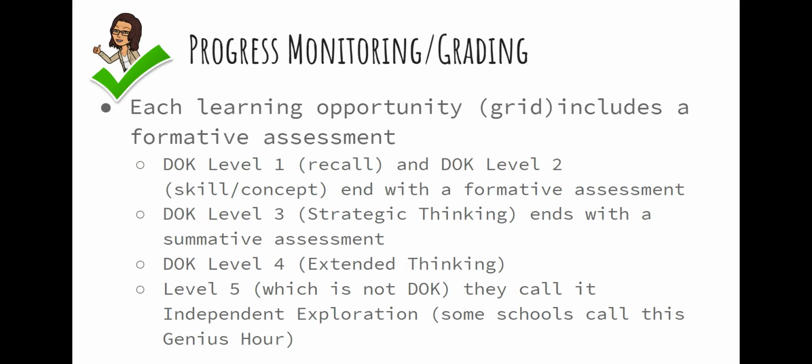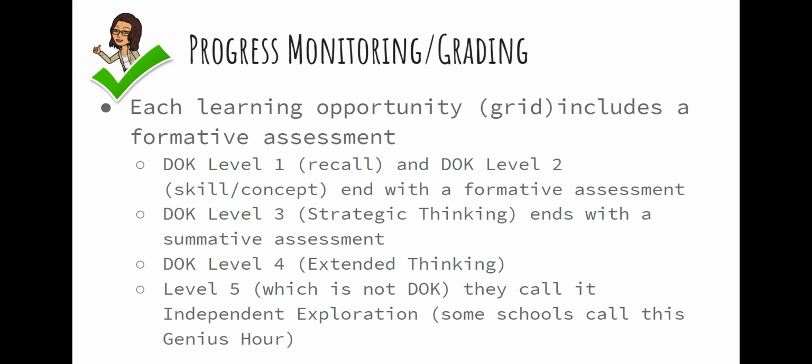Far too many students move ahead despite not getting it. Each learning opportunity or grid includes a formative assessment. On levels 1 and 2, it ends with a formative assessment. On level 3, the strategic thinking portion of DOK, it ends with a summative assessment.